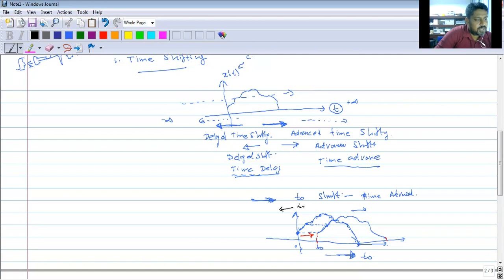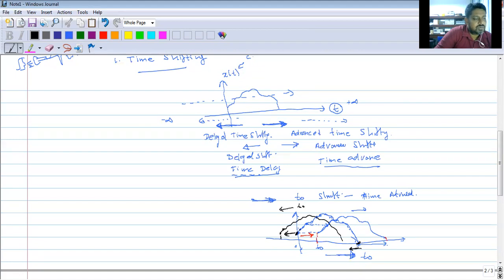In the same way, all these points will move by t naught in the decreasing direction, and finally we will get this kind of signal.